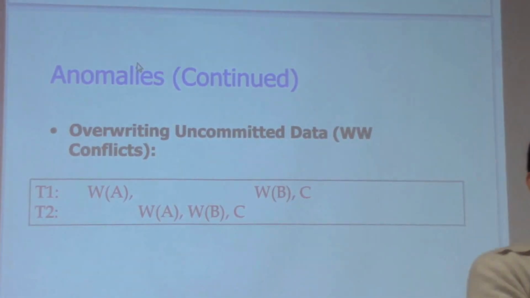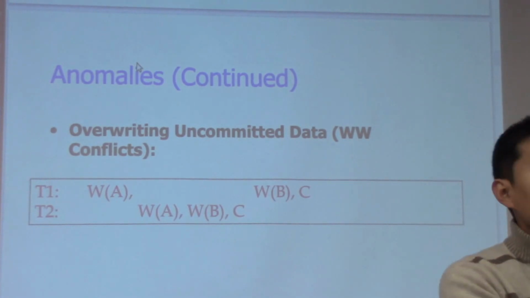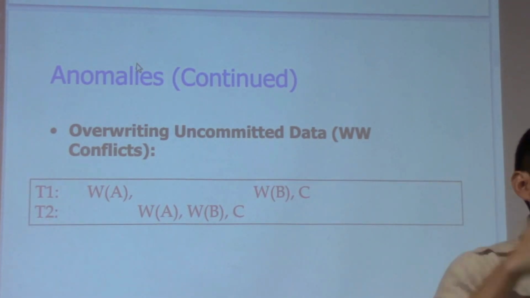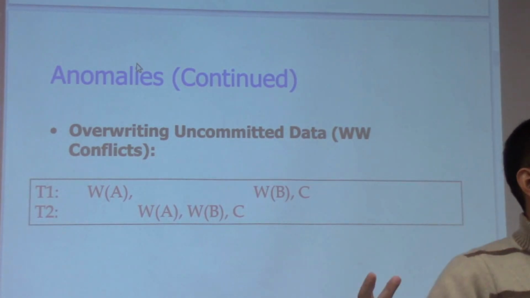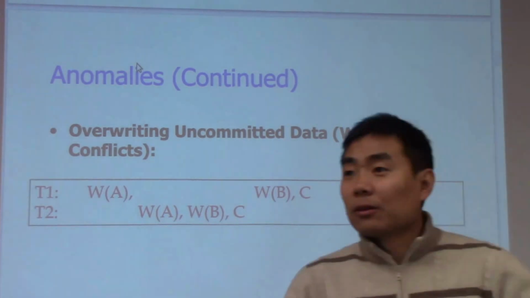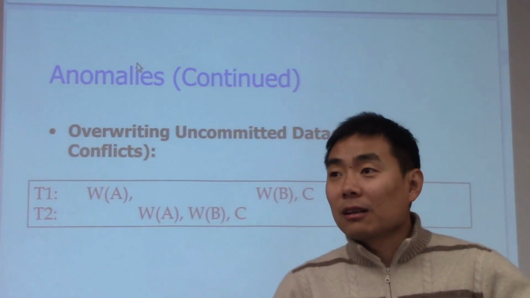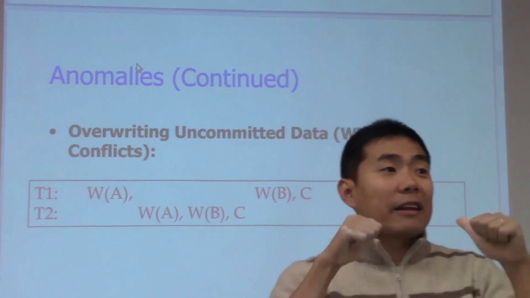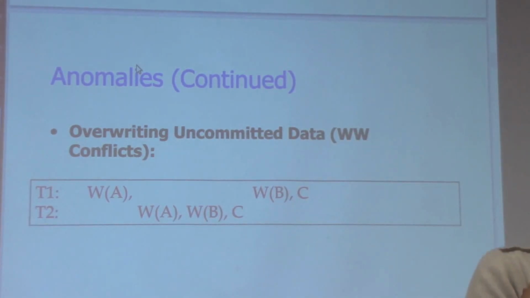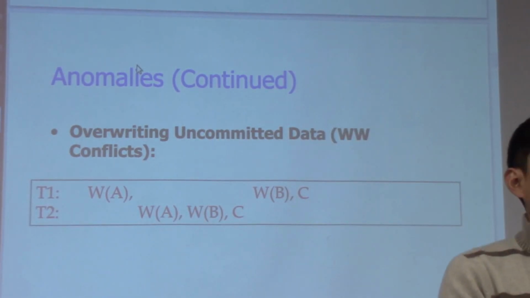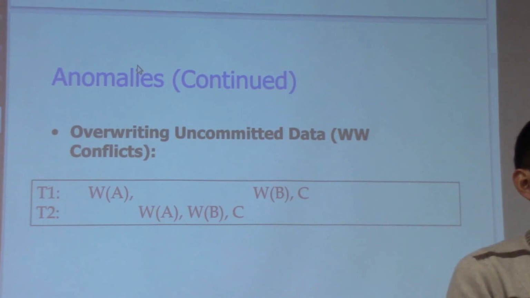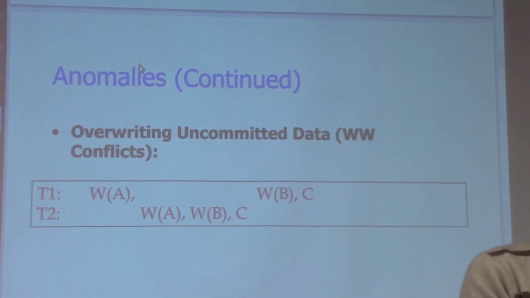Because as long as you identify them and you prevent them from happening, you will end up with a schedule that's serializable. Right? If you have a schedule that does not have any of these conflicts, you are guaranteed to have a serializable schedule. Do you follow me?